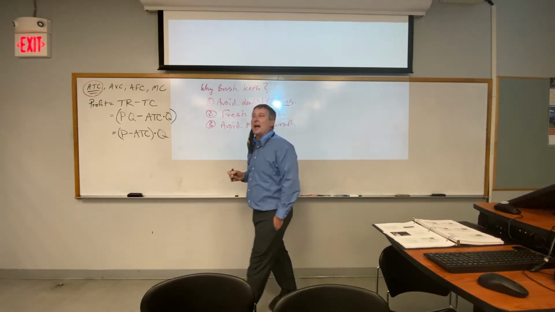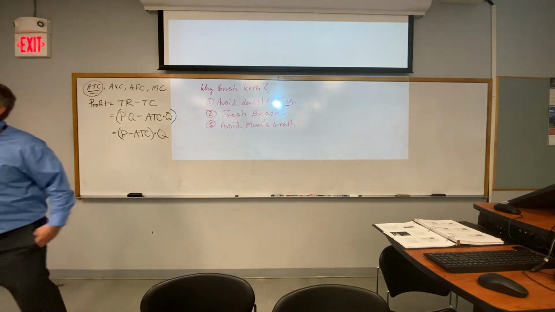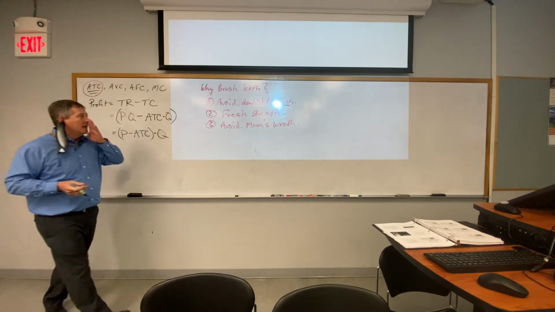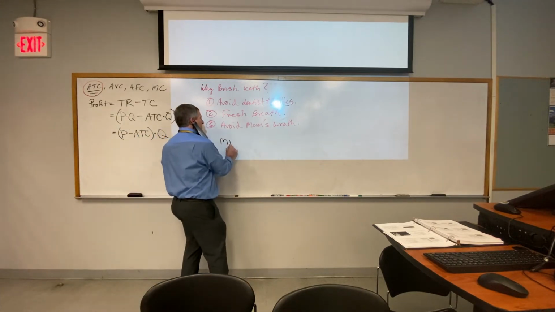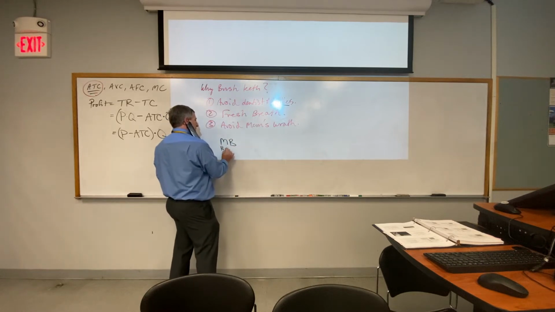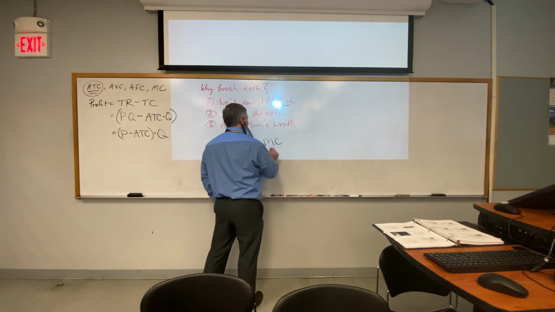So my point in all that is the decision of whether to brush your teeth in the morning is a marginal one. It's a marginal benefit, marginal cost. So what is the marginal benefit of teeth brushing versus the marginal cost of brushing?